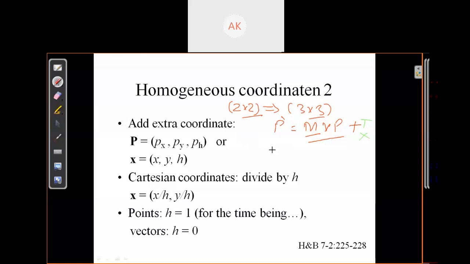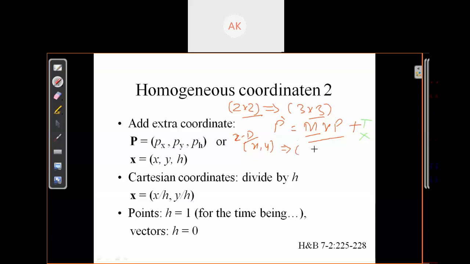So how will we write the homogeneous coordinate? Suppose your points are x, y in two-dimensional space. Just consider your points x, y are the coordinates for some point. We will write this coordinate in a three-dimensional matrix, or homogeneous coordinate.